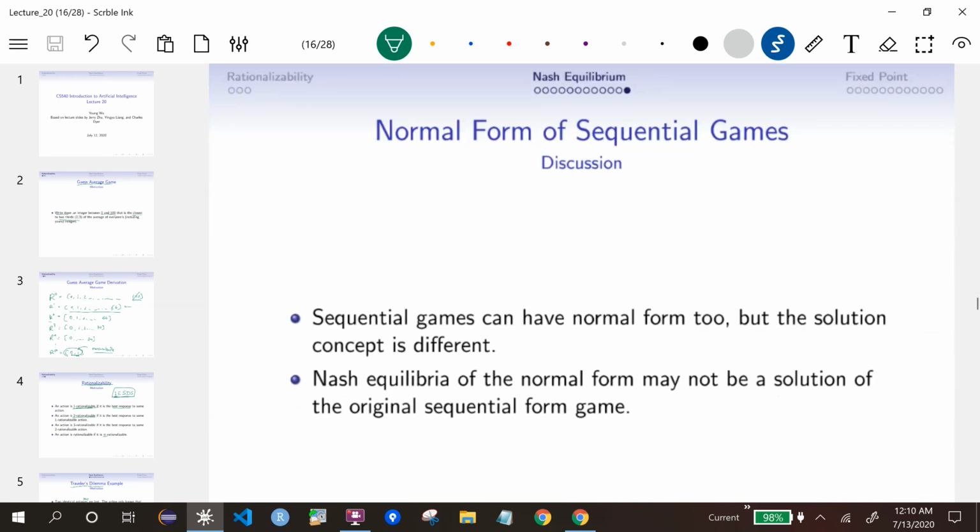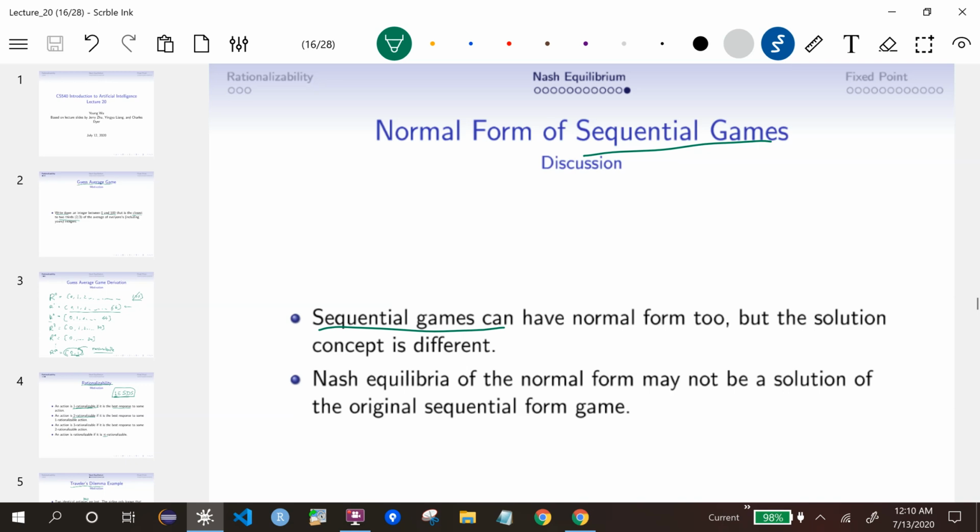The last thing I want to briefly talk about is the normal form of sequential games. For sequential games, we can write down all the possible sets of sequential strategies, and just write the payoff in a matrix. But it turns out the solution concept is different. The solution for the sequential games that we discussed in the previous lecture is also called subgame perfect equilibrium.